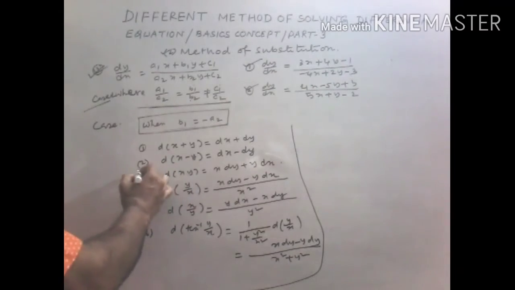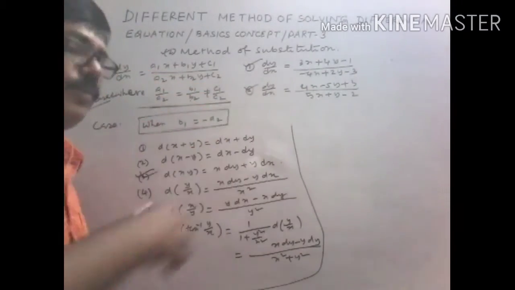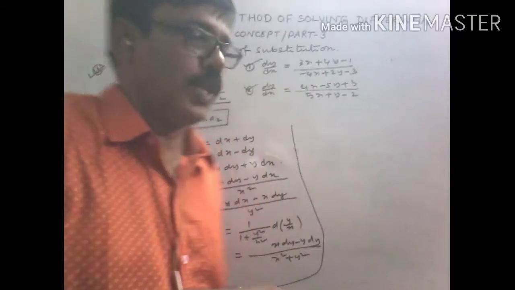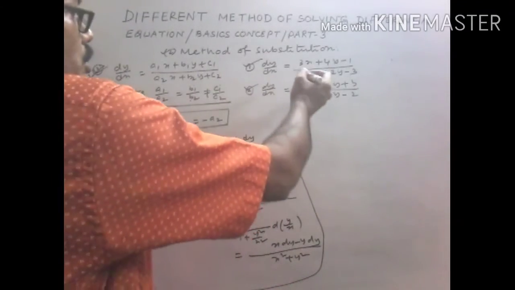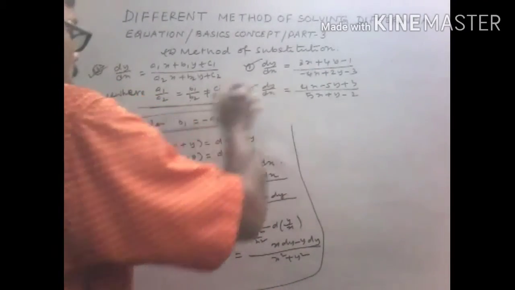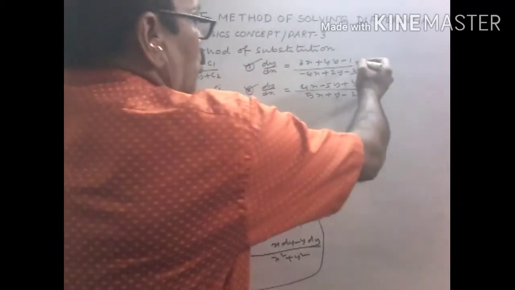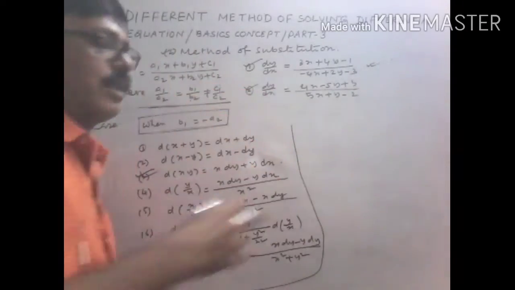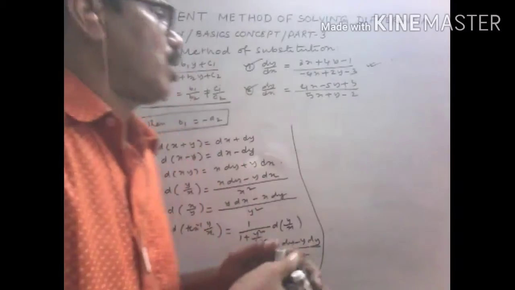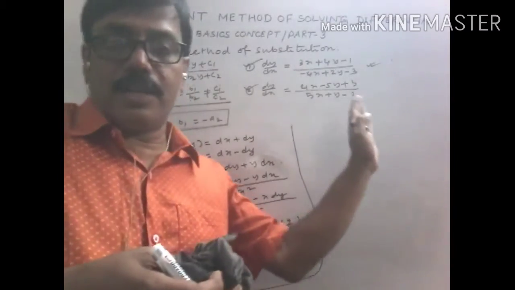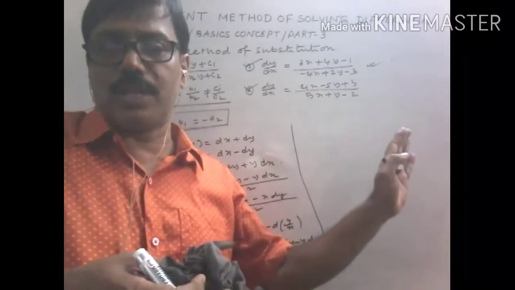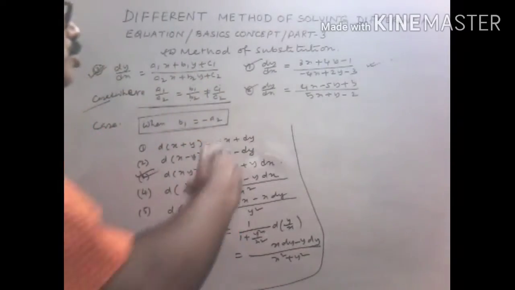We need this result only for solving this type of equation. If you recognize this rule, then solving this type of problem is very simple. Otherwise you have to convert it in terms of homogeneous equation and solve it.